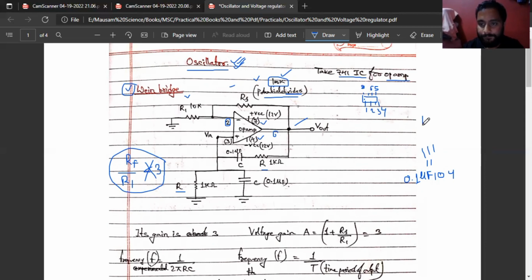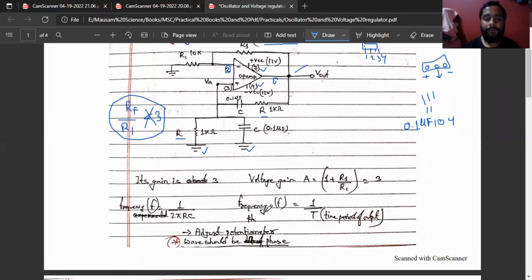In a 12 volt DC supply we have 3 terminals: one is plus, another is minus, and the middle one is ground. The positive one will be connected to pin 7, the negative one to pin 4, and the middle will be the common ground point, which we fix in the breadboard.